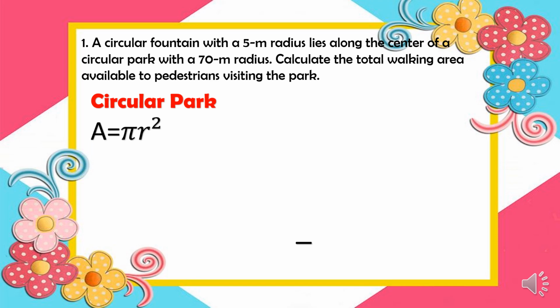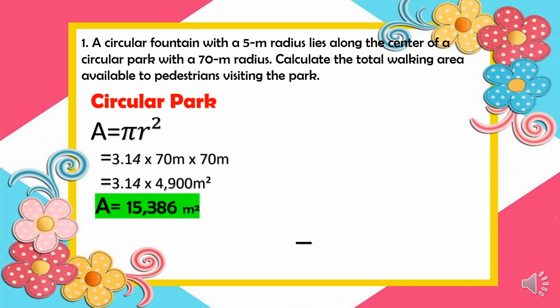So again, we will be using the formula A equals pi r squared. So let us now substitute. So 3.14 times the circular park has a 70-meter radius. So 70 meters times 70 meters. So we have 3.14 times 4,900 square meter.